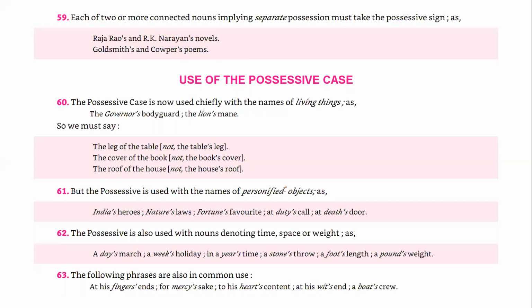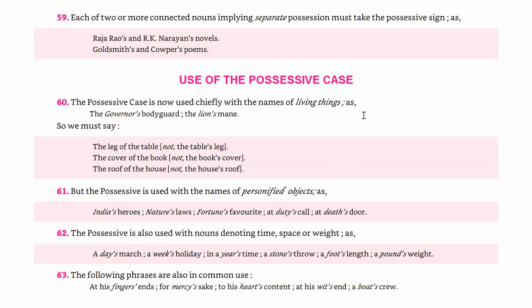So don't make them together and put one apostrophe. Rather, it would be more appropriate to have Raja Rao's, R.K. Narayan's. Goldsmith's and Cowper's poems. There are two people.